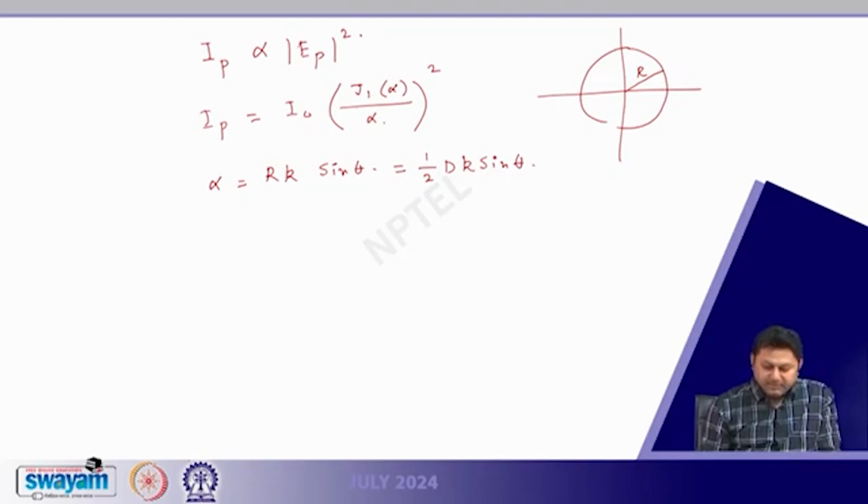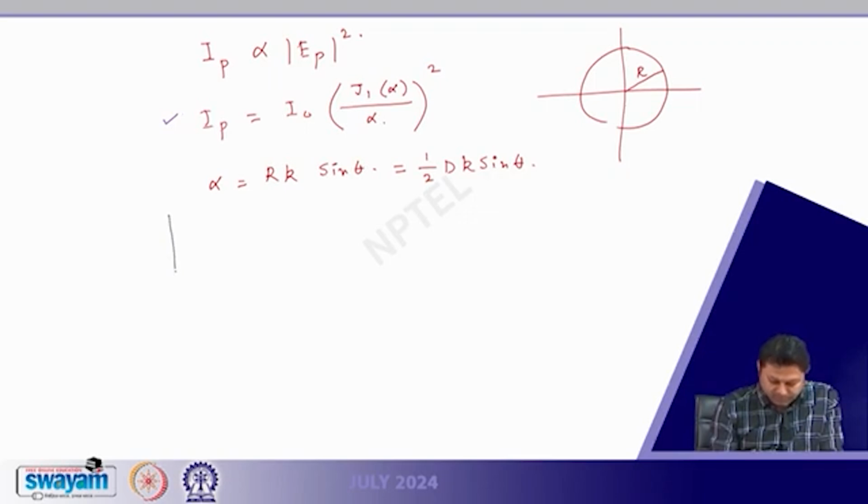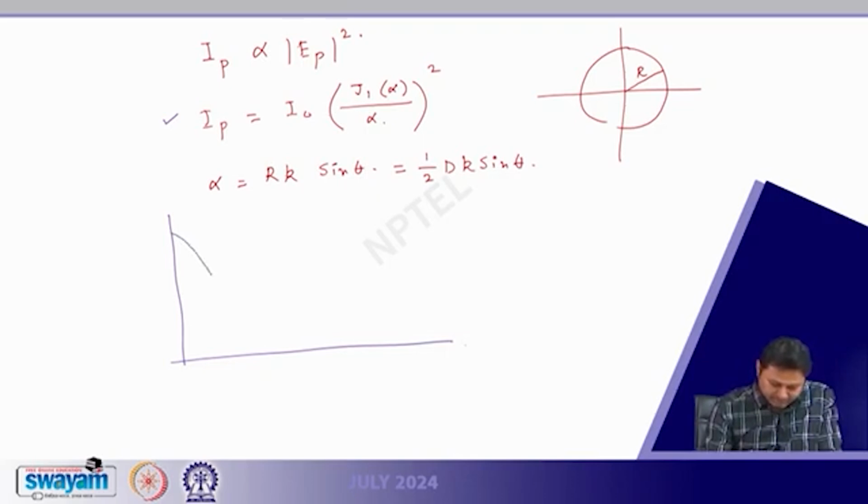So, d is the diameter of this aperture. Now, if I want to plot that, let us quickly understand how the plot will look. So, this is the field distribution we are having. If you plot the field distribution here, it will be like this.